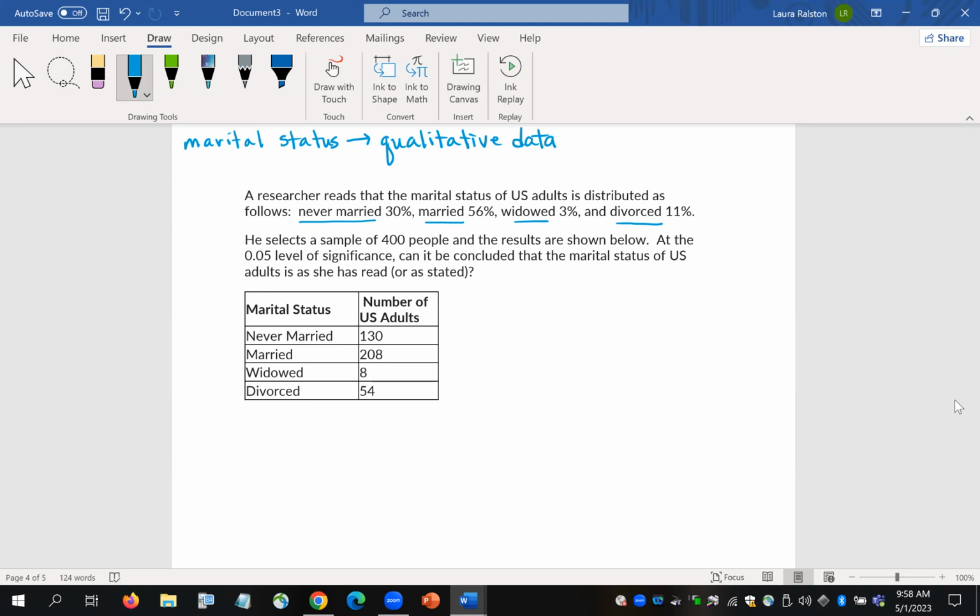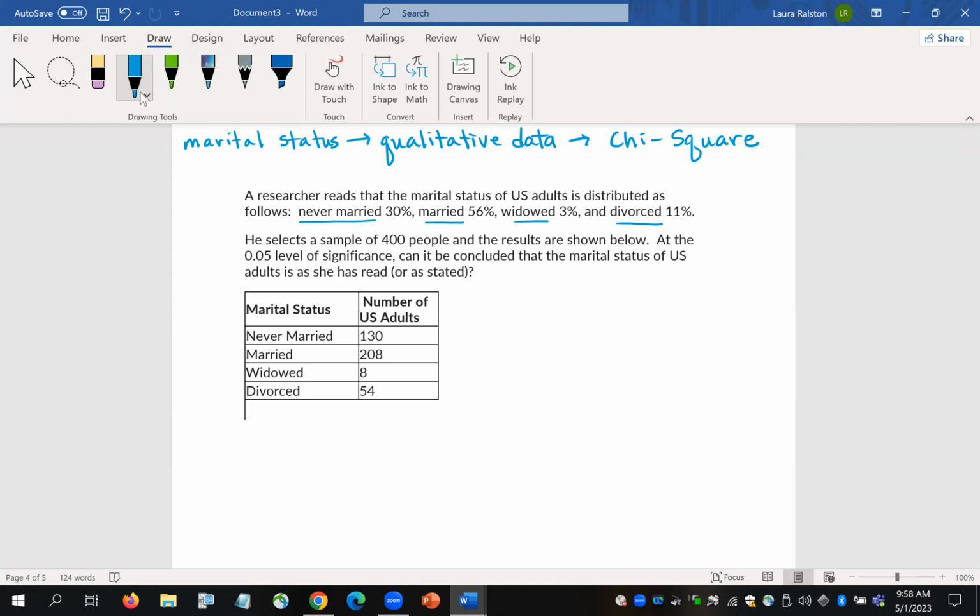The primary tests that we've talked about this semester that allow us to analyze qualitative data are the chi-square. They're not the only ones, but they're primarily the analyses we can do on qualitative data. So my mind here goes immediately to chi-square. Then I need to decide, is it goodness of fit, test of independence, or test of homogeneity?